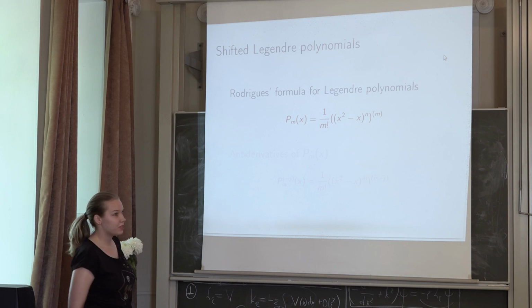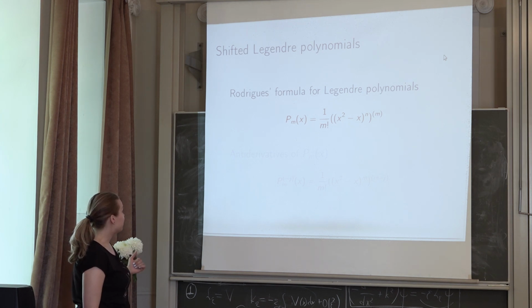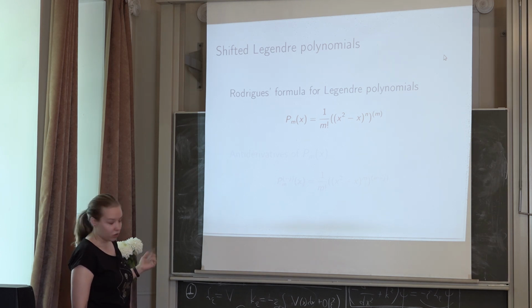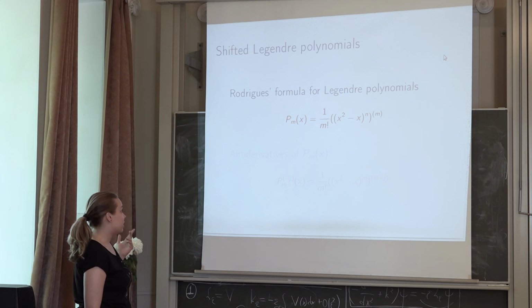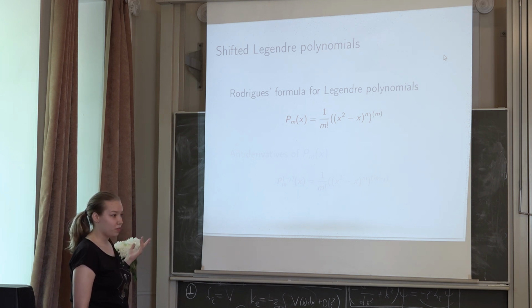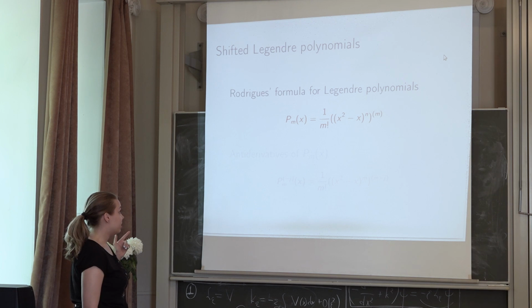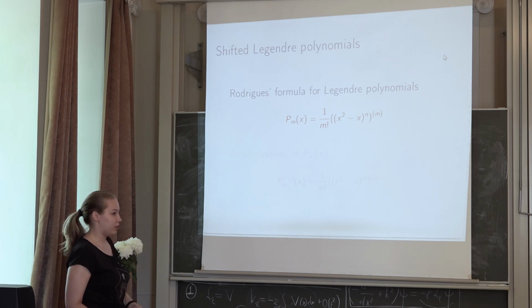As we can see later, this problem is closely related to Legendre polynomials and their antiderivatives. Here you can see the Rodrigues formula for shifted Legendre polynomials. Usually it is written with a tilde sign on top, but for convenience we don't write it, and everywhere later when I say Legendre polynomials, it means shifted Legendre polynomials.